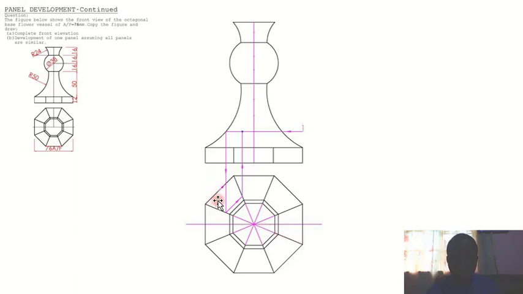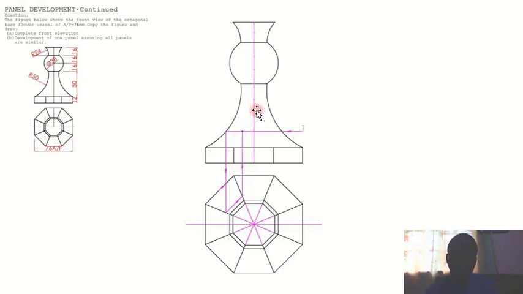Now what you do, you draw that line parallel to the surface of the base, and then you get that point. So when it reaches here, you project it back, and where it meets the line projected horizontally, it will give you the point. As you can see, I have the point there in blue.